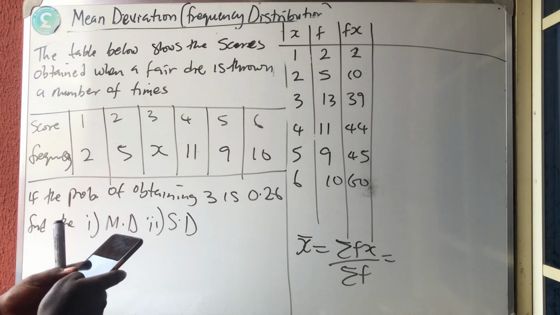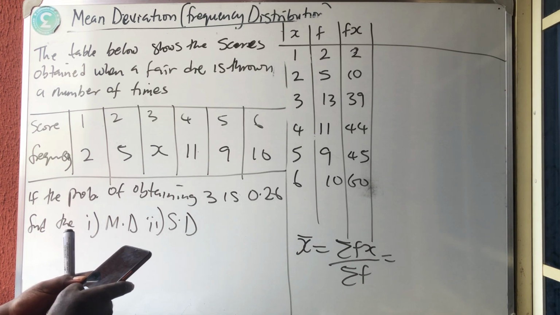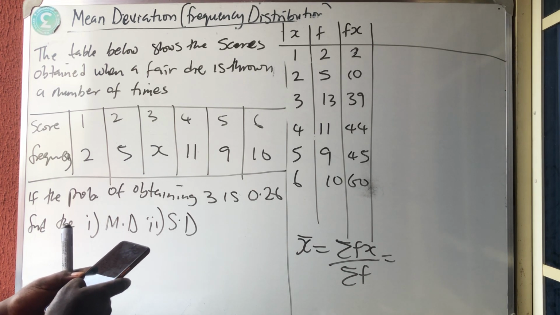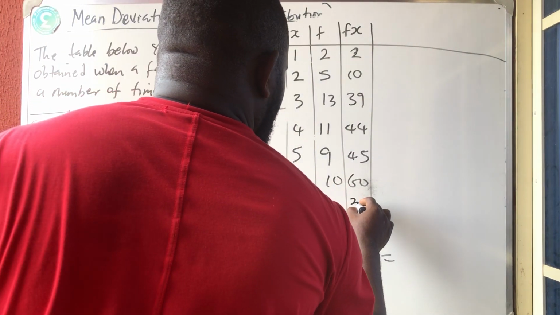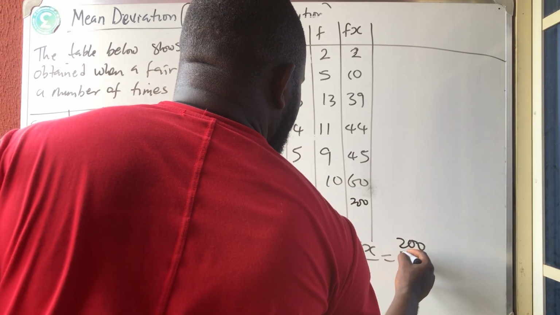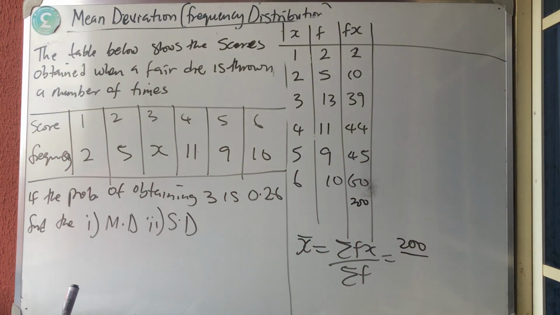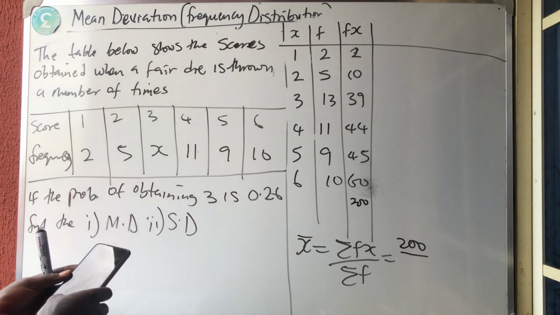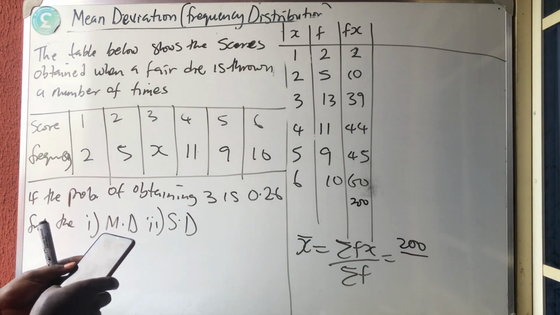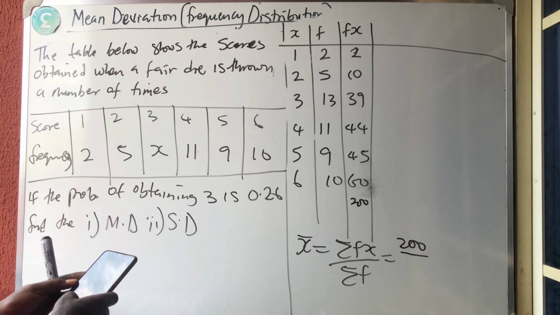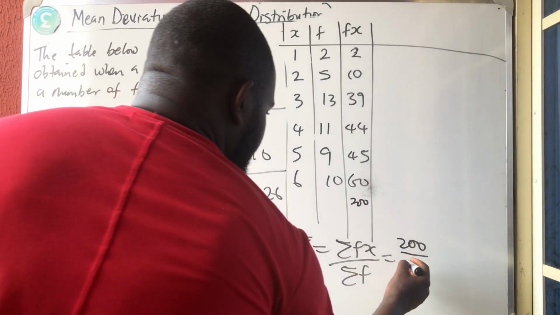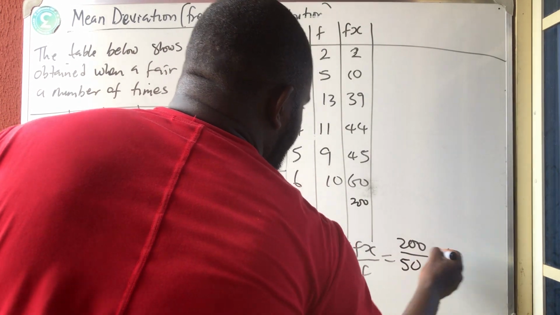Summation f of x: 2 plus 10 plus 39 plus 44 plus 45 plus 60. So I'm having 200 here. So 200 divided by, let's add the frequency: 2 plus 5 plus 13 plus 11 plus 9 plus 10. I'm having 50. So 200 divided by 50, I'm having 4.